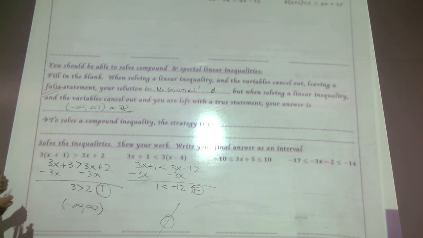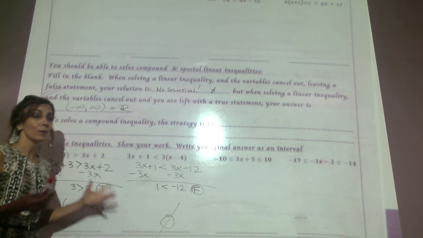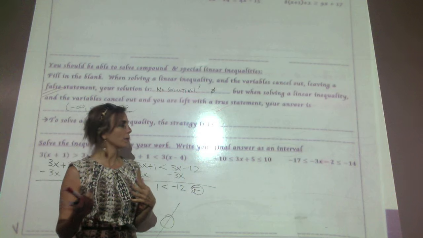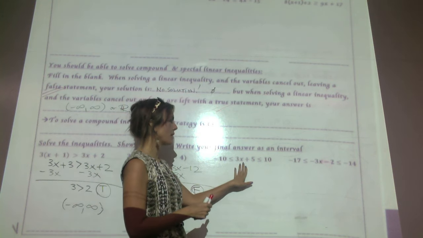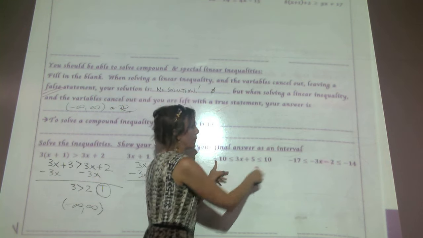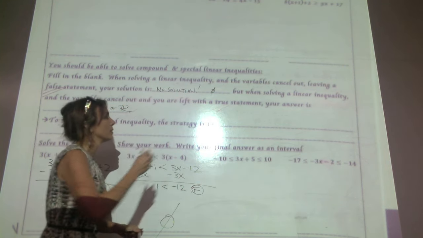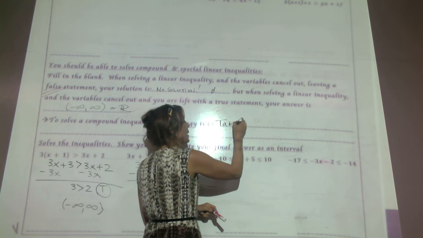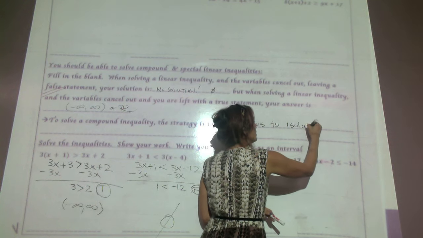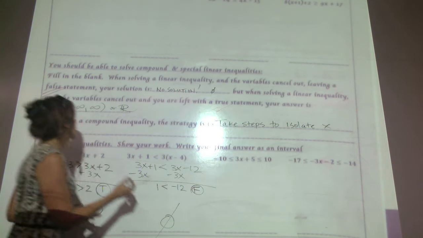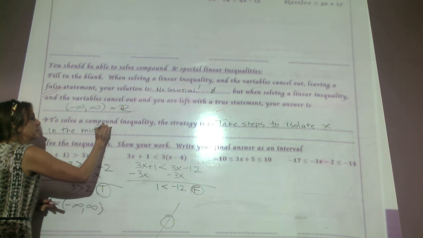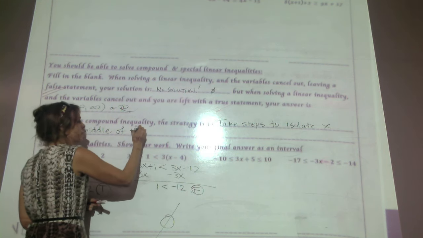Okay, so the last thing here is solving a compound inequality. Really, the only difference in solving compound inequalities and regular inequalities is whatever you do to isolate the x in the middle, you're going to do it on both sides as well. Okay, so let's write that down. Take steps to isolate x in the middle of the inequality.